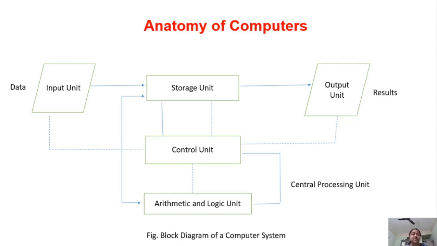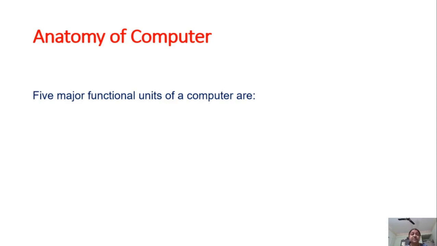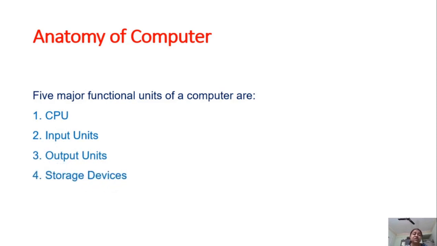This is the block diagram of a computer system. From the block diagram we come to know that there are 5 major functional units of a computer, that are CPU, that is central processing unit, input unit, output units, storage devices, and communication interface.